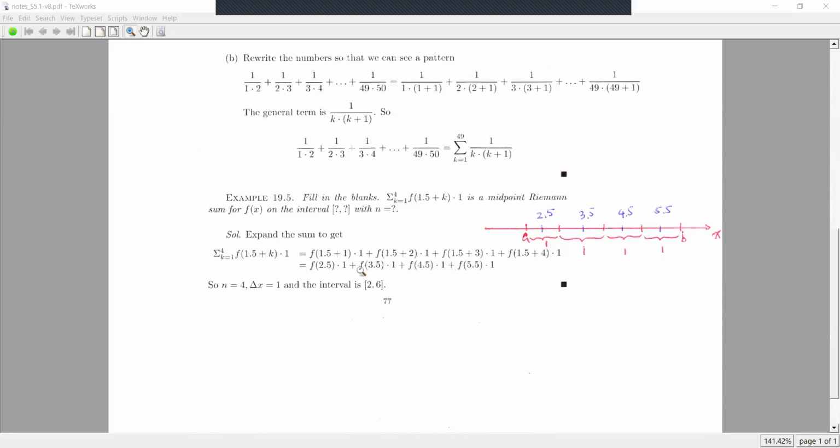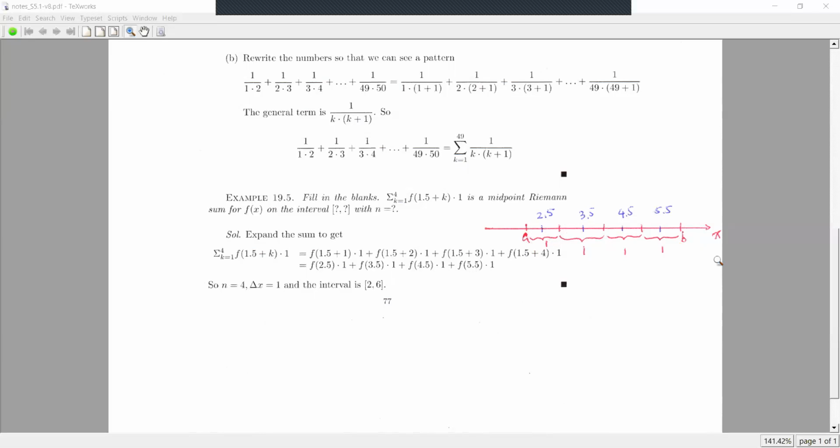That means that 2.5 is the midpoint of the first subinterval. 3.5 is the midpoint of the second subinterval. The third subinterval, the midpoint is 4.5. And the last subinterval, midpoint is 5.5. Now, each subinterval, the length is 1.